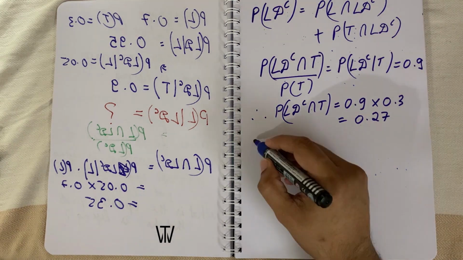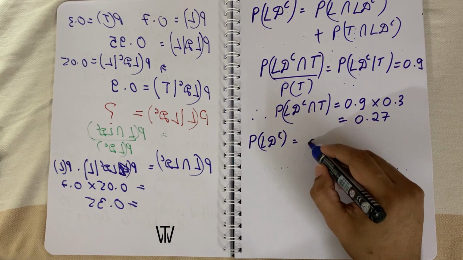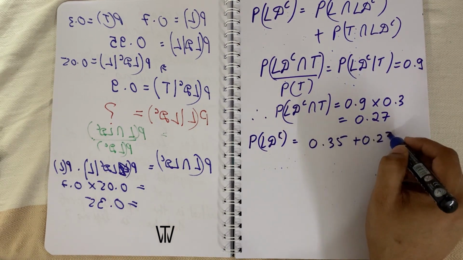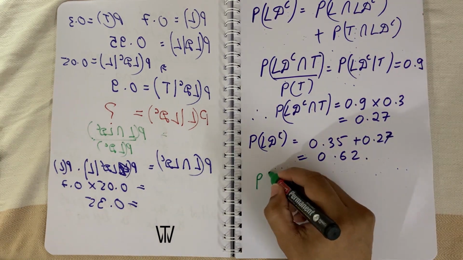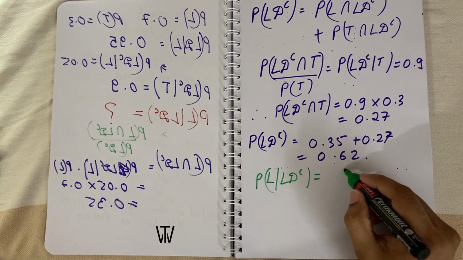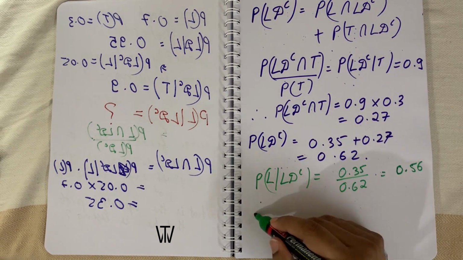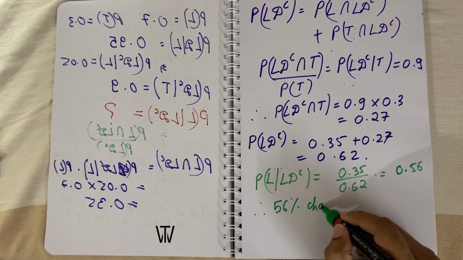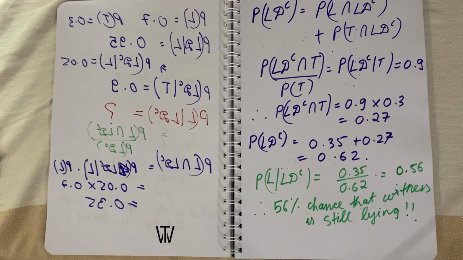So from the above formula, P of LD complement equals 0.035 plus 0.27, that equals 0.305. So P of L given LD complement equals 0.035 by 0.305, that equals 0.11. So there is about an 11% chance that the witness is still lying.